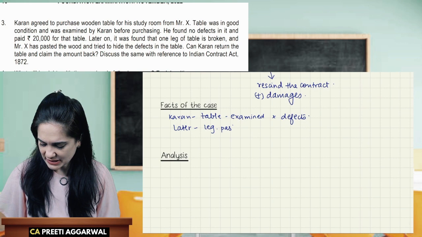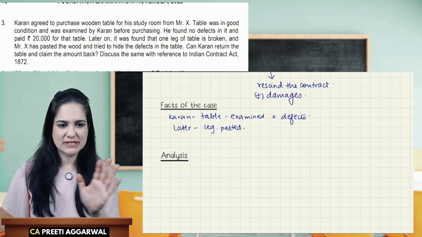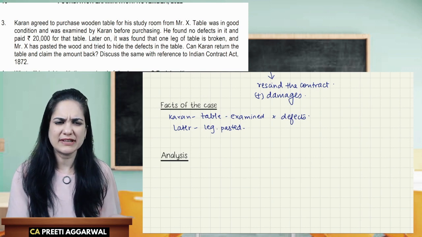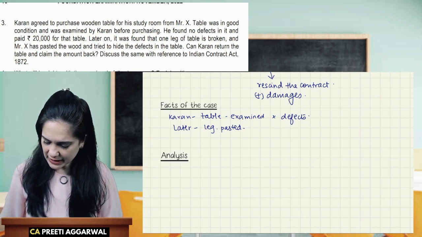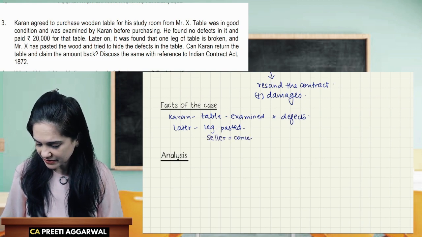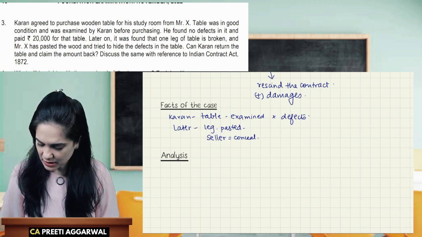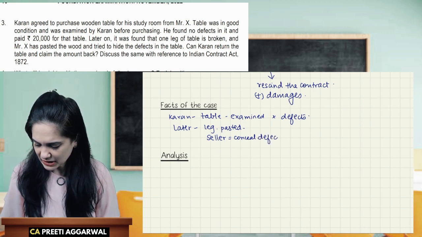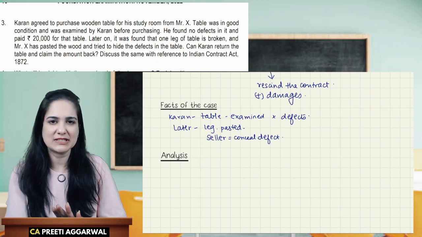Okay, we'll use that same word. So the seller tried to conceal the defects. You can write that or you can ignore that. You can also use the words actively conceal the defect. That's it. Don't write the solution that the contract is voidable, etc. That we will write in the analysis part of it.